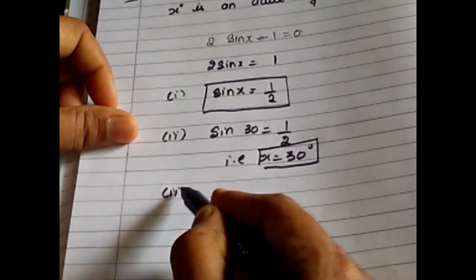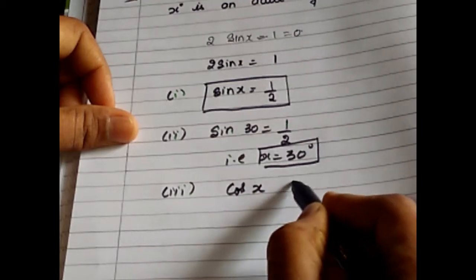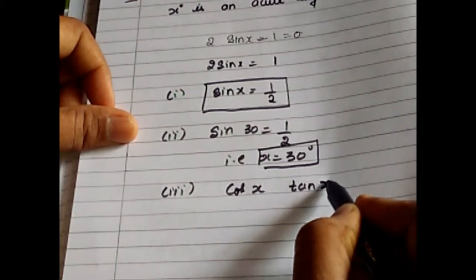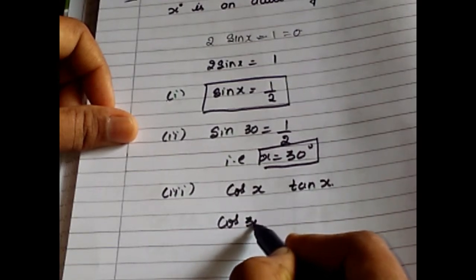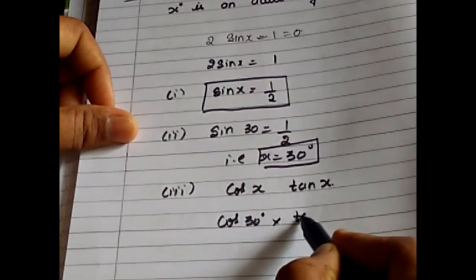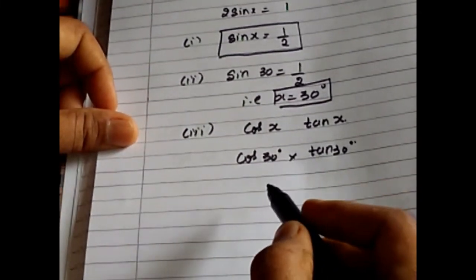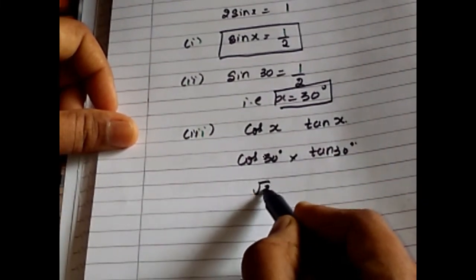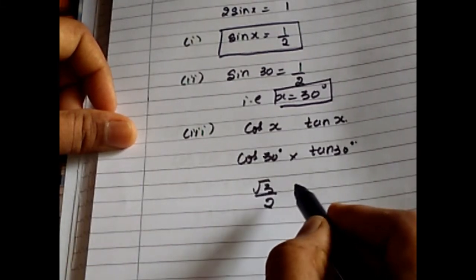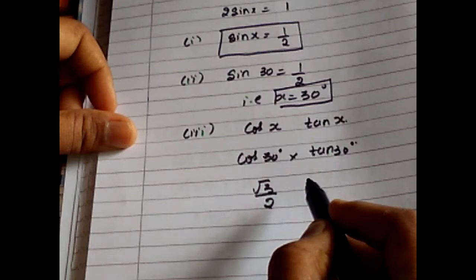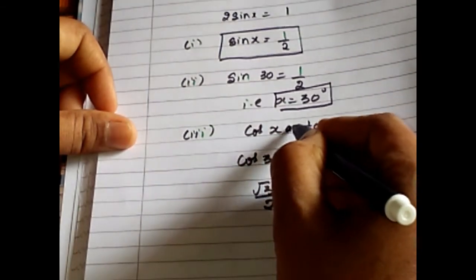Now sub question 3 is cos x and tan x. By sub question 2 we have calculated what is x. So let us substitute the same, that is cos 30 degree and tan 30 degree. The measure of cos 30 is root 3 by 2 and the measure of tan 30, it is not multiplication, it is two separate problems, cos x and tan x.